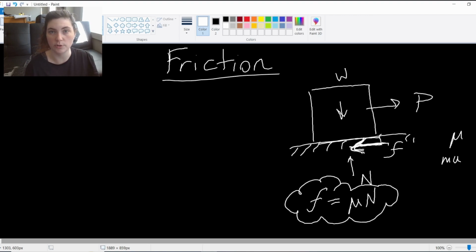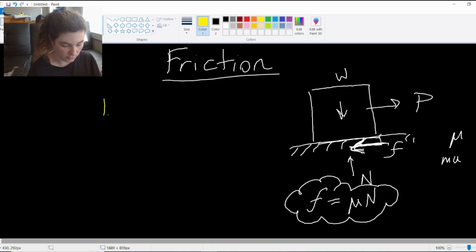So our equilibrium equations can now come into play, because we can look at this and we can say, okay, sure, I can determine what the frictional force is, but what does that actually mean for what's happening to the box, right? There are three basic things that could be happening to our box.